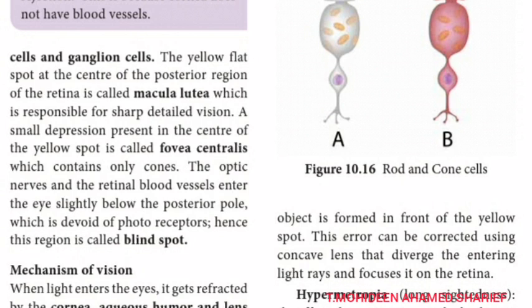The outer coat is composed of dense non-vascular tissue and it has two regions, the anterior cornea and the posterior sclera. Next one is the choroid. Choroid is a highly vascularized pigment layer that nourishes all the eye layers and its pigments absorb the light to prevent internal reflection. Then comes the retina.